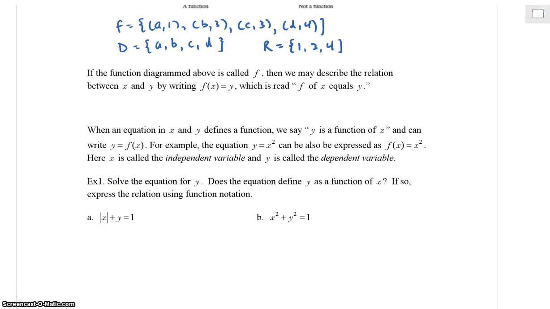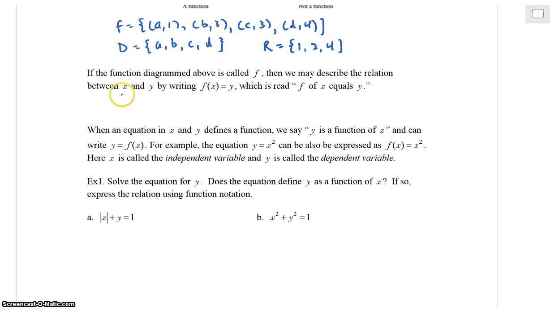Next, we introduce function notation. If the function diagrammed above is called f, then we may describe the relation between x and y by writing f of x equals y. What we can do then is write the following.